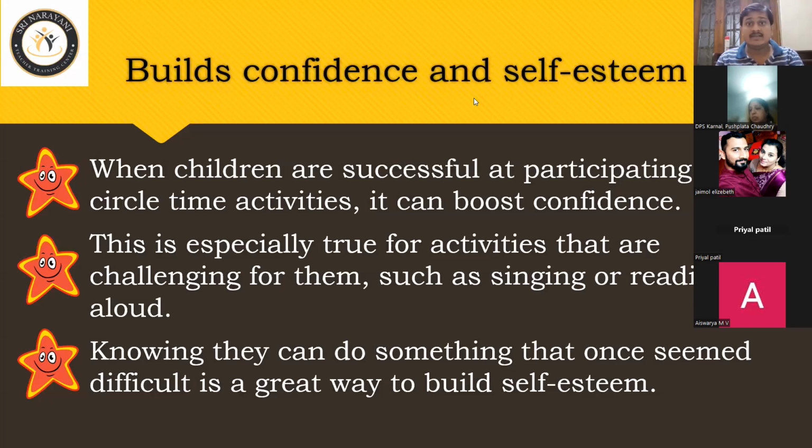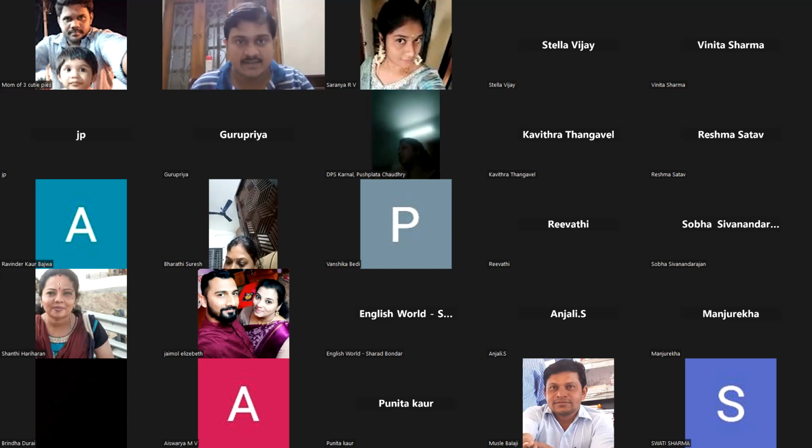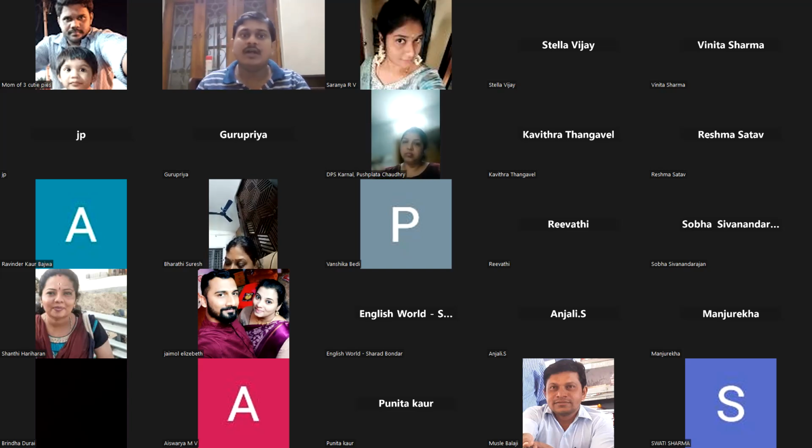Yes. So now again, this is a target-based thing. You might come across children who feel very less confident about themselves to perform something on the dais. So you have to target such children and constantly give them a chance to perform during the circle times. Maybe tell a small story, not on a daily basis, at least twice or thrice in the week.